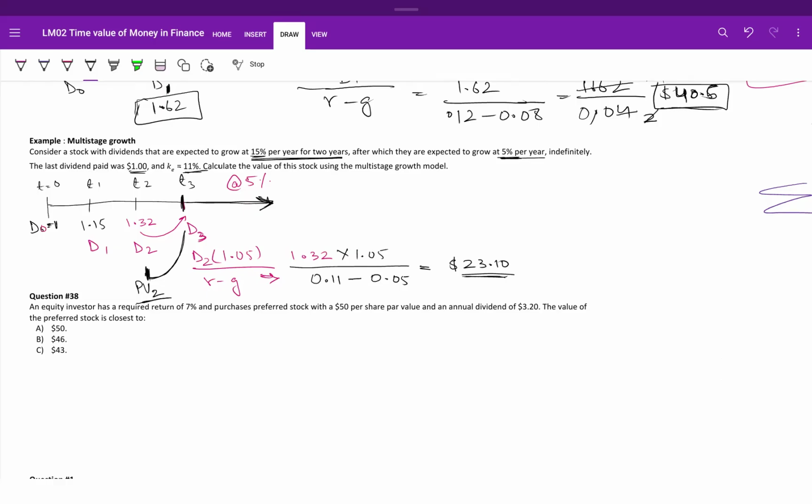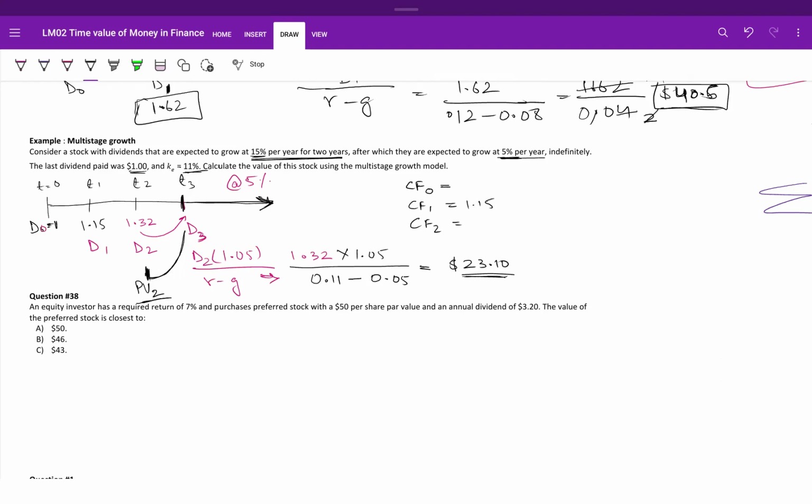Now understand this thing. Now the important portion. Cash flow at time 0, cash flow at time 1, cash flow at time 2. Cash flow at time 1 is 1.15.